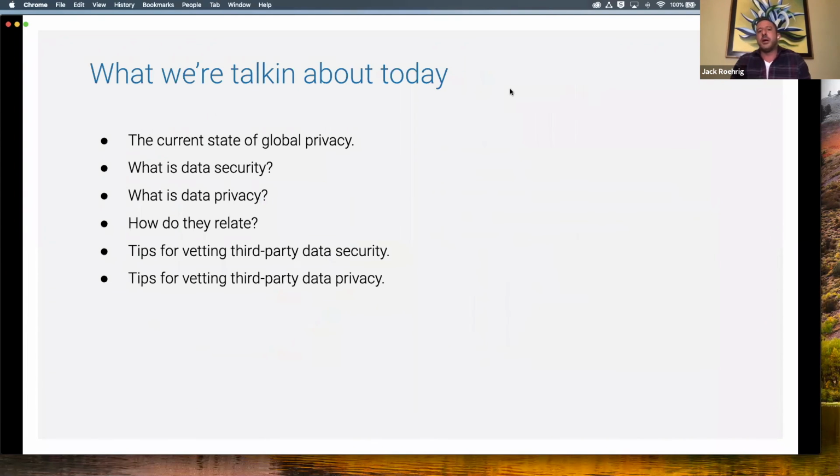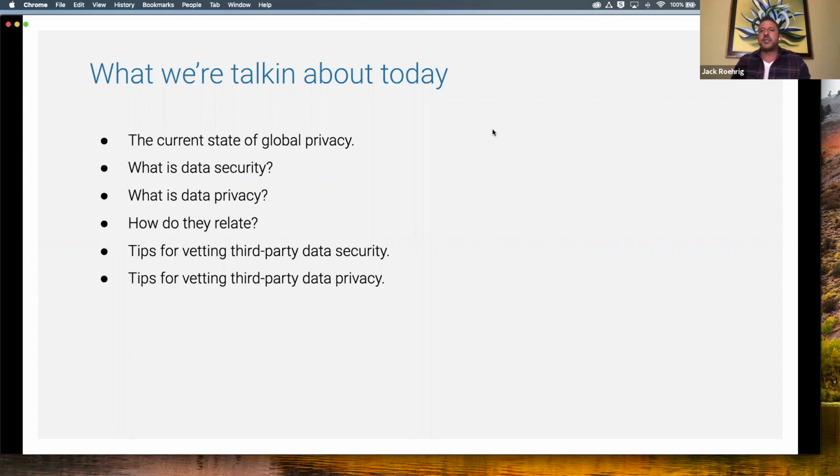Today I want to cover privacy and security. These two things are very closely intertwined. Privacy and security are very different, but they're very dependent on one another. We cannot have privacy without security, and security is absolutely critical to handling privacy, but there's a lot more to privacy than just security.